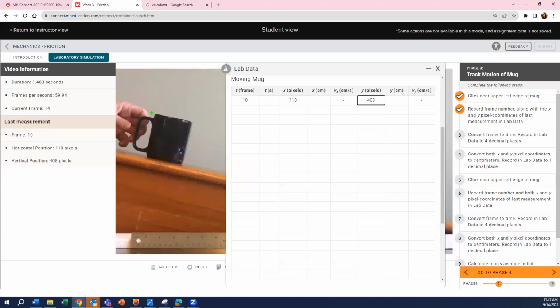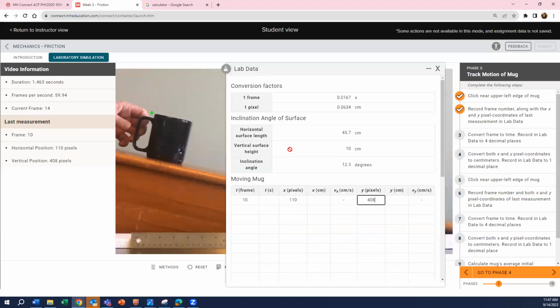Now it says convert frame to time and record in lab data to 4 decimal places. For that, we already have the time per frame, which is 0.0167 seconds.